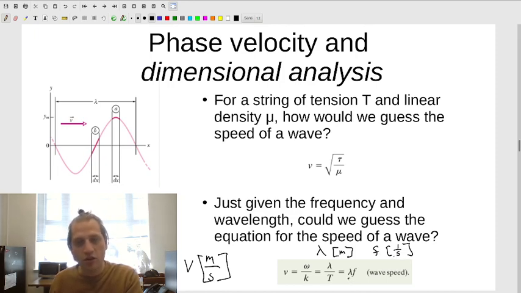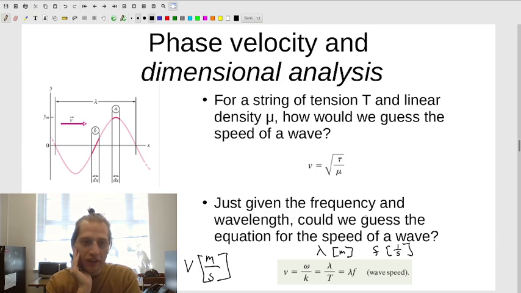So it's going to describe some sort of a speed. It would have been plausible that you could get an extra factor of 2 pi or 2 or something like that. But you could go out and measure and see how your waves work, and then try to see whether you need that extra factor of 2.